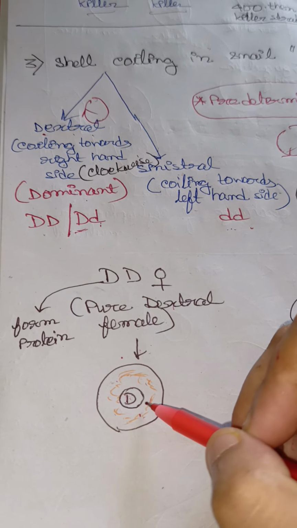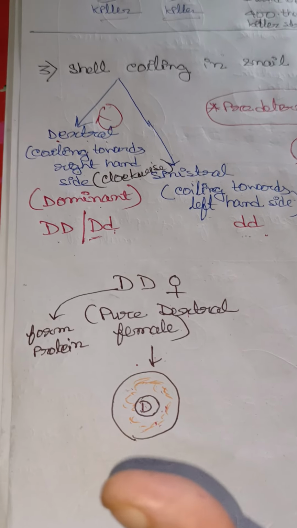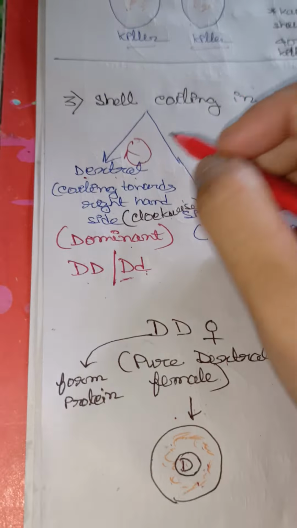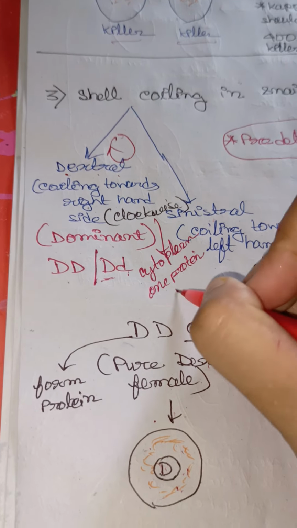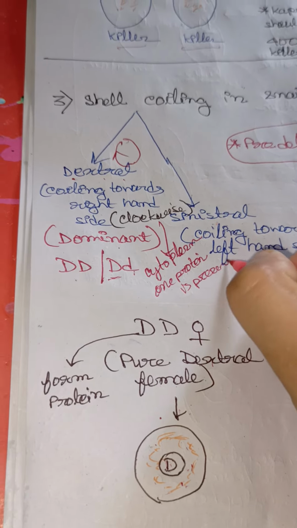This protein will show the dextral rotation, the coiling towards the right hand side, clockwise. Why? Because in the cytoplasm one protein is present. So in pure dextral female, this protein is present in the cytoplasm.